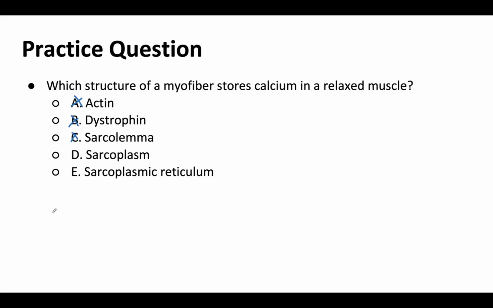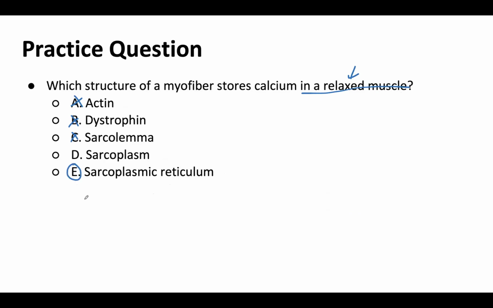And that leaves sarcoplasm and sarcoplasmic reticulum, which both can have calcium. But the key in the stem here is in a relaxed muscle. So the relaxed is key. So the sarcoplasmic reticulum is storing calcium in a relaxed muscle. All right, so that is correct here.